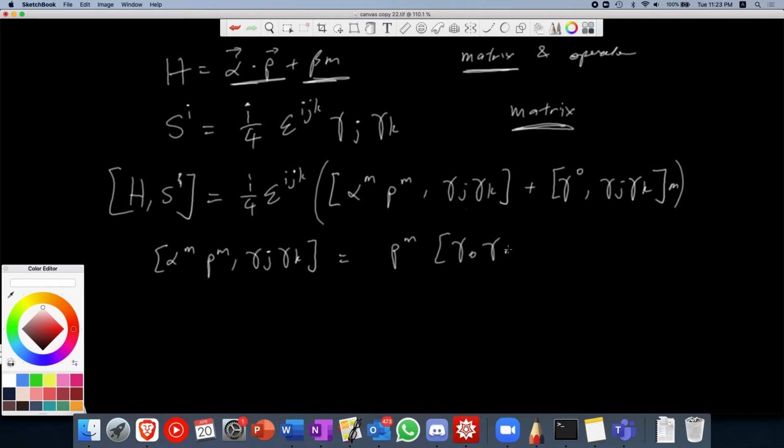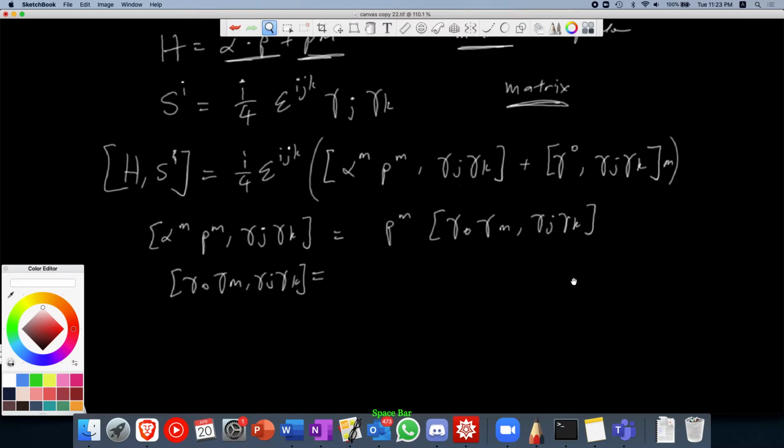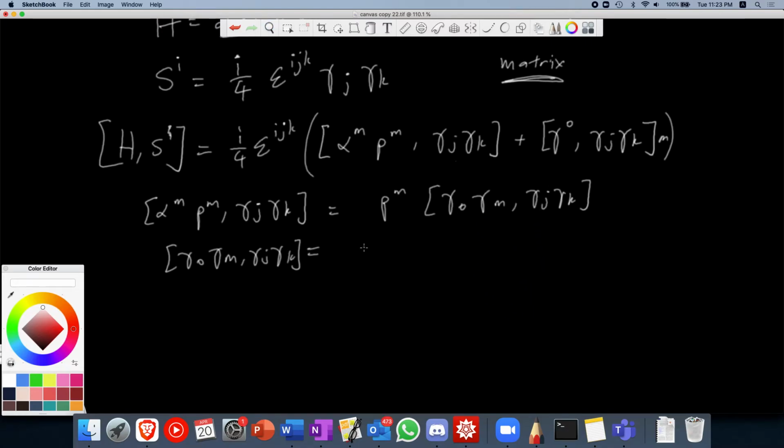Then there's pm, I mean this thing and this thing, and then what's this thing? Now let's go through some stuff. By definition, there's no shortcut, we just have to multiply it out.